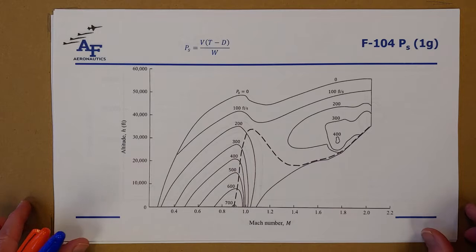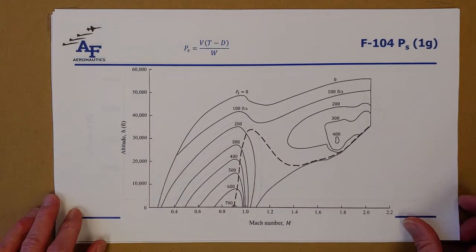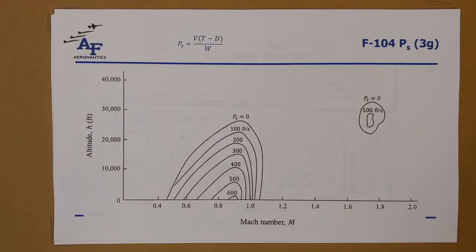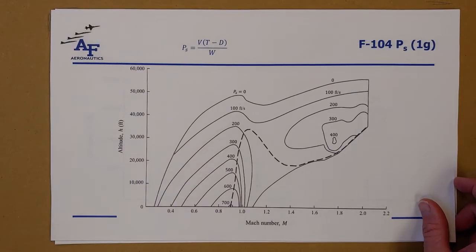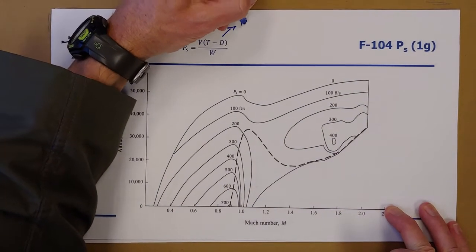So here is the 1G P sub s for the F-104 Starfighter, Century Series fighter based, again, on the thinking motivated by Rutowski. Now at 3 Gs, look what happens. So as we pull Gs, as we increase Gs, our parasite drag isn't changing.